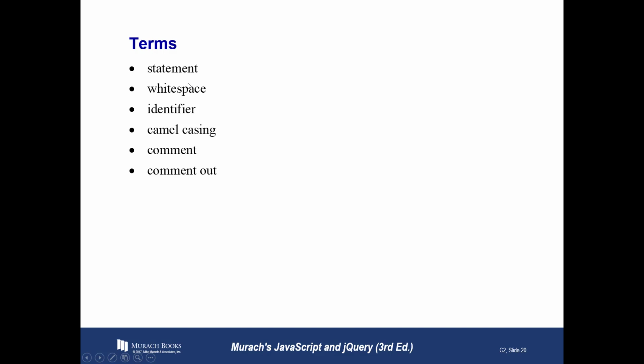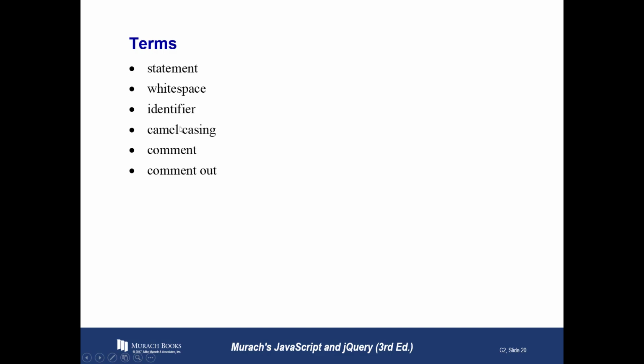All right. A JavaScript statement is typically something that ends with a semicolon, or should. White space is hitting the space bar, the tab key, the enter key. Identifiers, again, are names you come up with for variables, functions, classes, methods, etc. Camel casing is when the first word is all in lowercase.